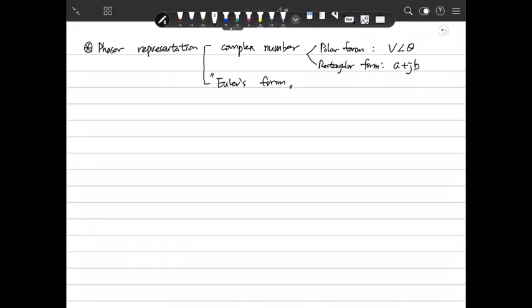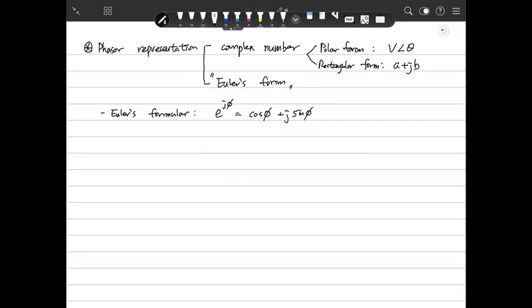To discuss this, we want to remember Euler's formula: exponential j theta is the same as cosine theta plus j sine theta.